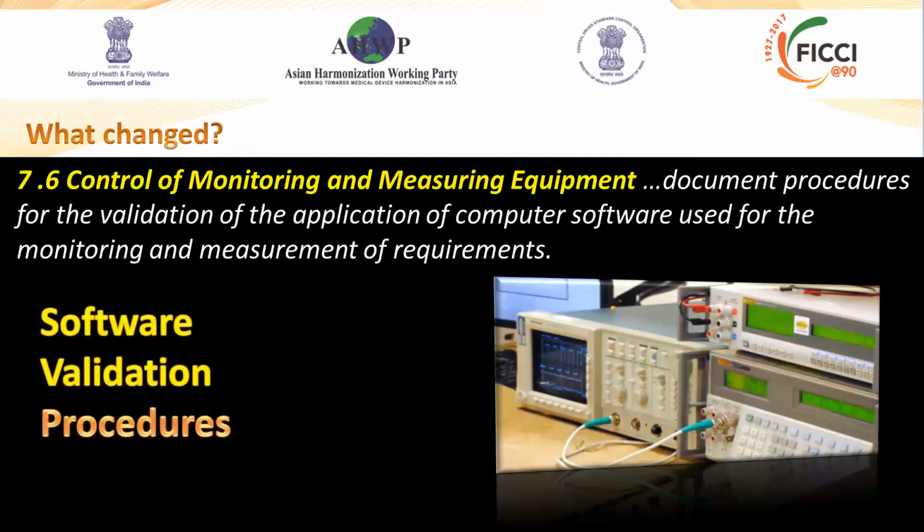Software validation again. There needs to be a procedure for it. Now there can be one general procedure that includes monitoring and measuring equipment in it, but however it's done, it just needs to be documented in a procedure.